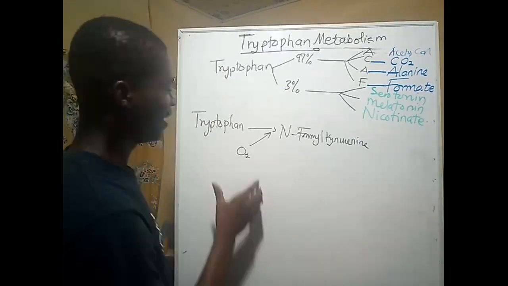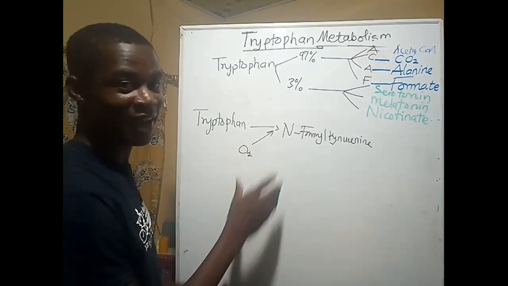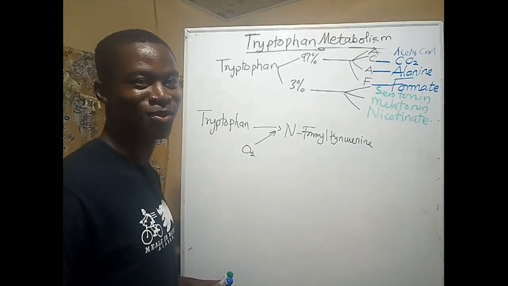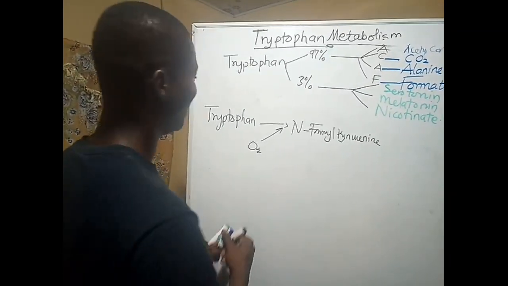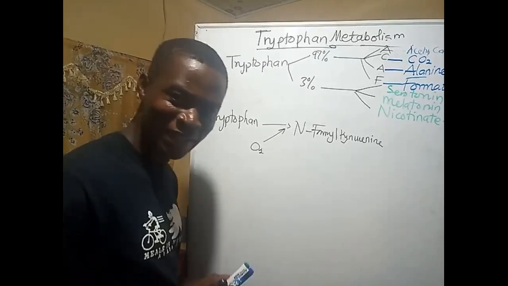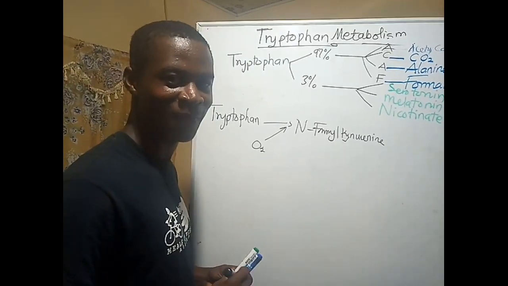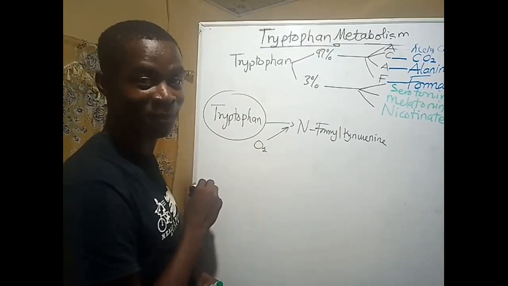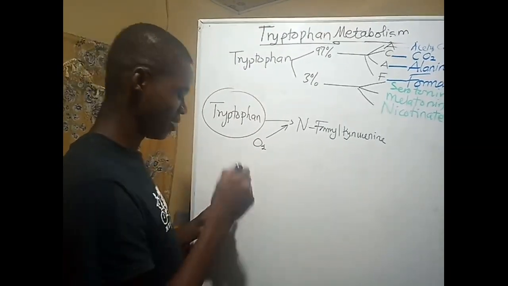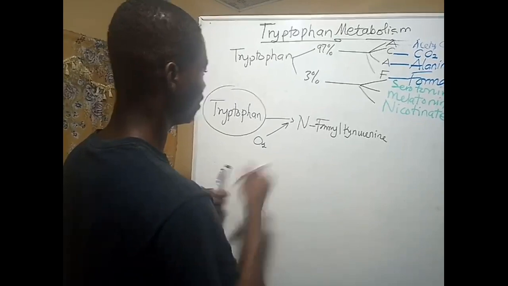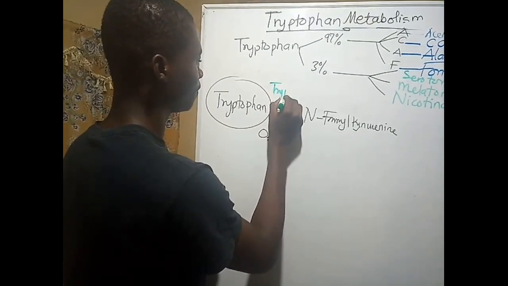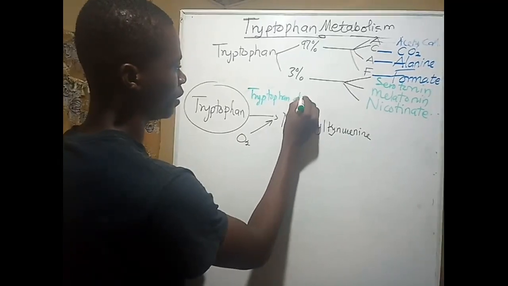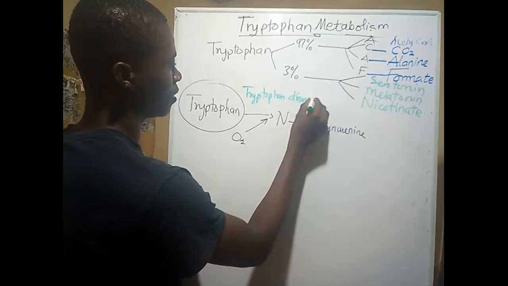Now, the enzyme that catalyzes this reaction has a surname and a first name, just like all human beings do, some human beings. Now, we usually take our surnames from our parents, right? So, this enzyme also has a surname from its parent tryptophan. So, the enzyme is called tryptophan dioxygenase.